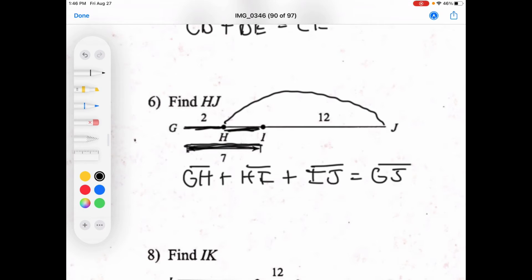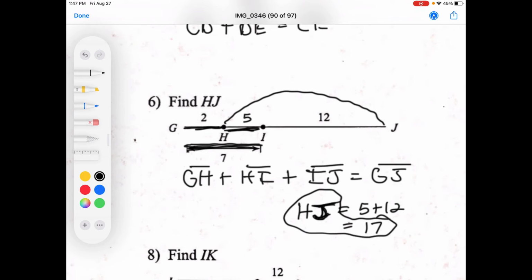So what's left would be 5. And so HI is going to equal 5 plus 12, which is 17. I'm sorry, that's HJ. HJ is 5 plus 12, which is 17.